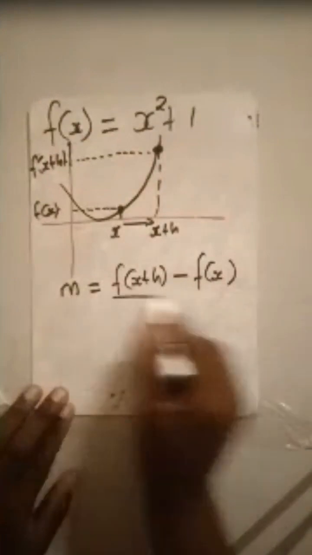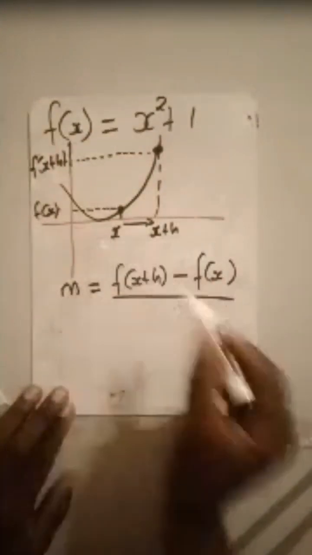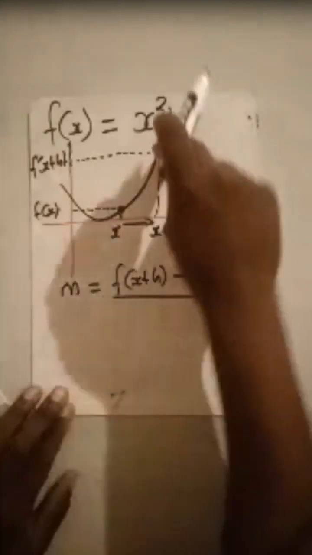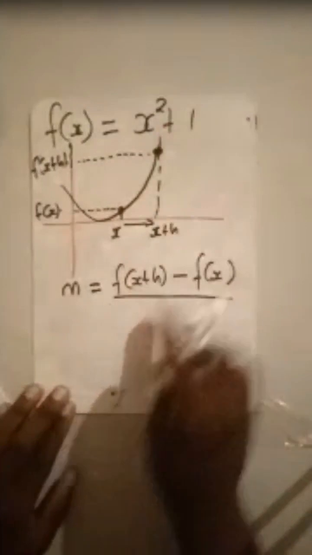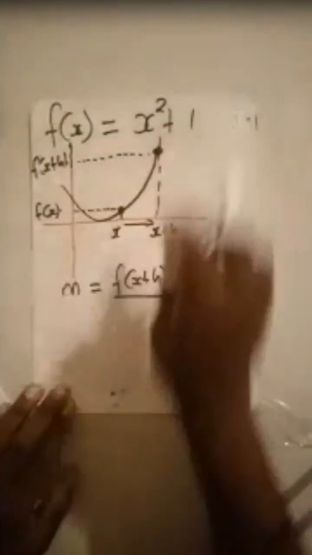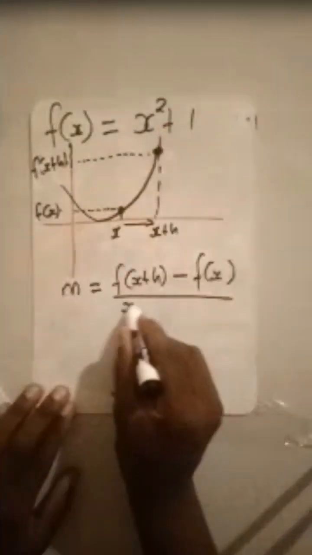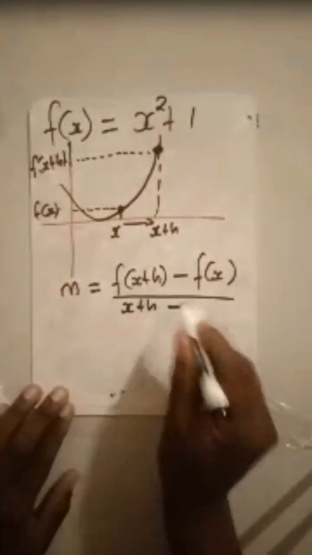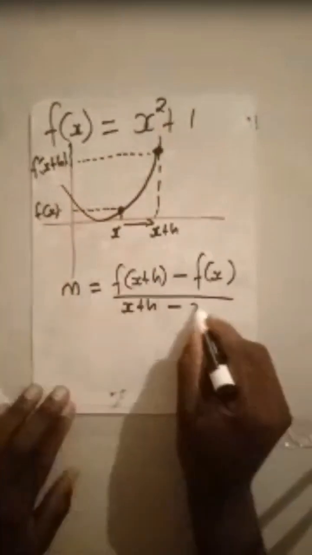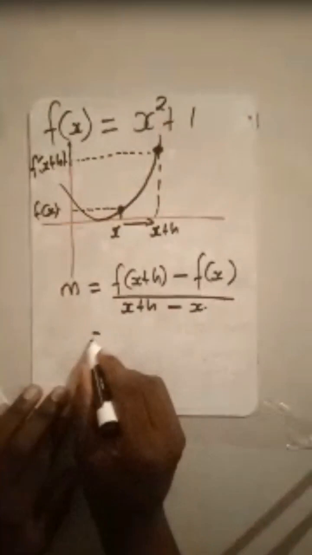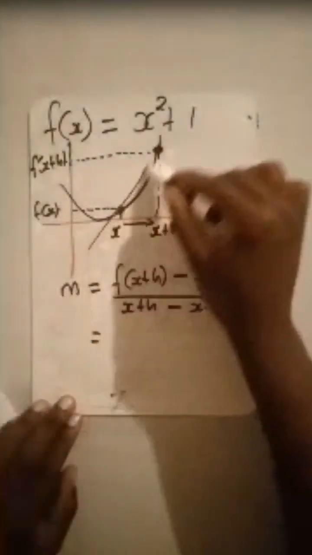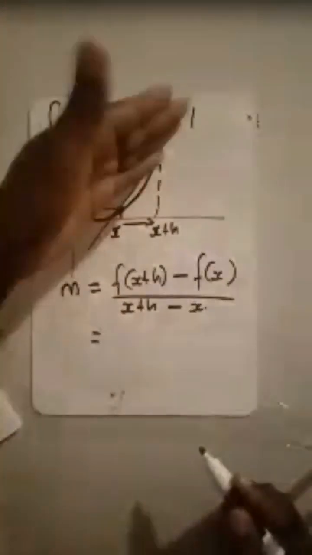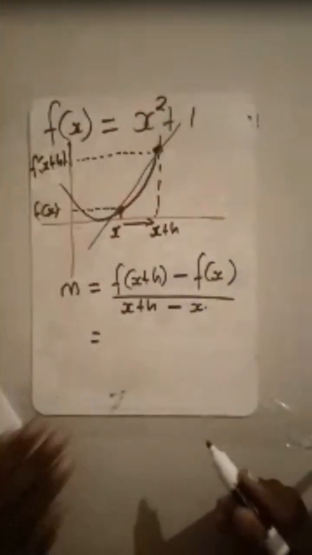Then the horizontal change is just going to be, remember we started with the y coordinate here, we are also going to start in the denominator there with the x coordinate of this one, which is x plus h. It's going to be x plus h minus x, right? If we simplify that, let me just join these 2 points. Now this one is not a tangent, right?